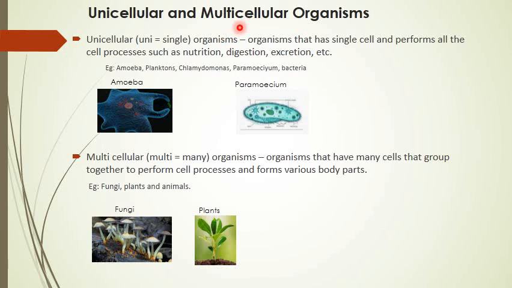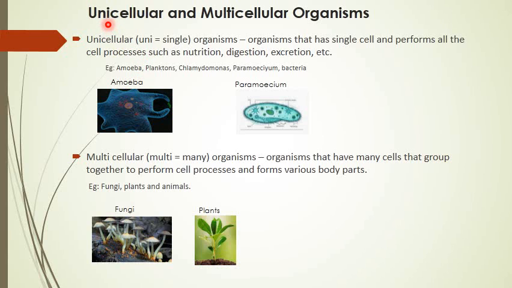Multicellular, multi means many, more than one cell. Okay, the organisms having more than one cells or many cells are known as multicellular organisms. As I said, when an organism has to survive or has to live, it has to perform certain processes or functions.